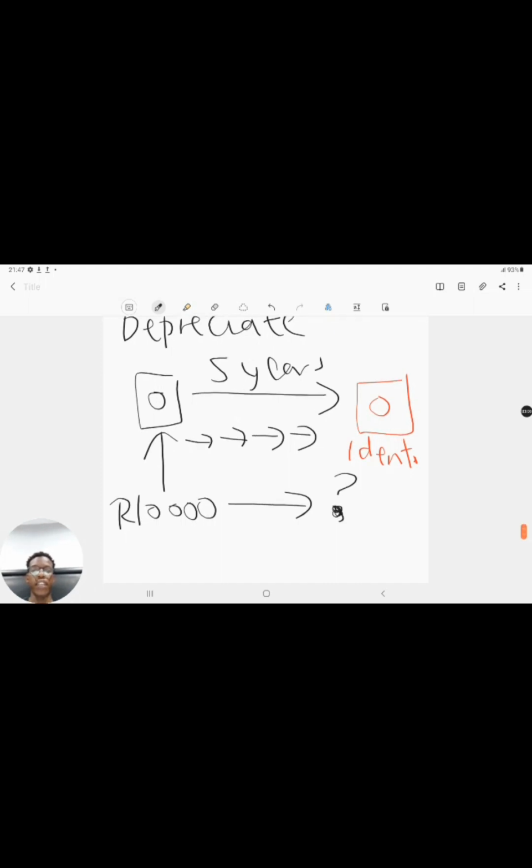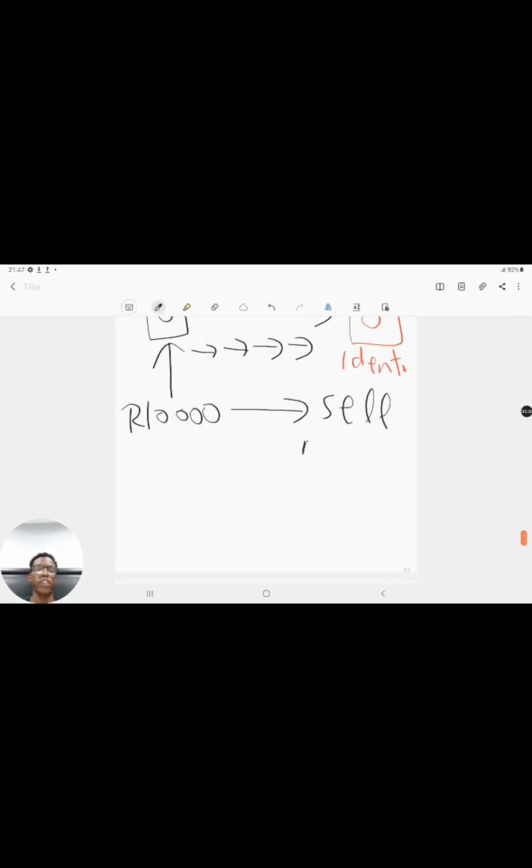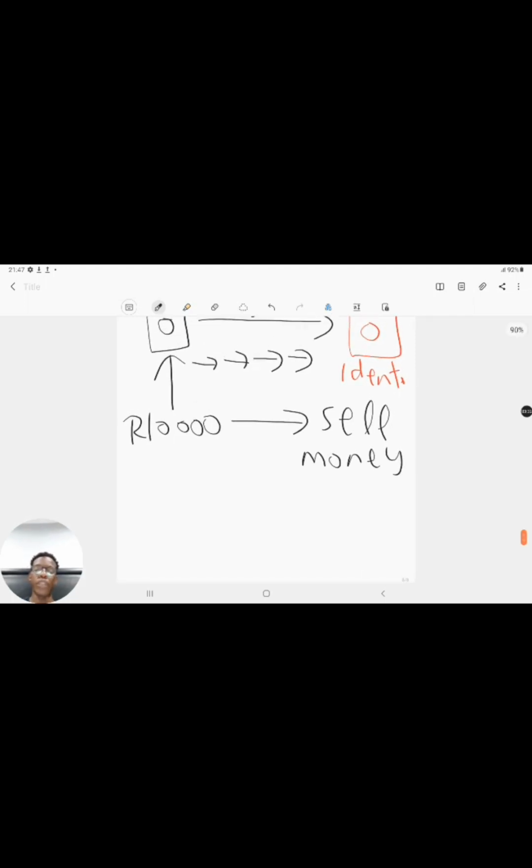So let's say after 5 years, you sell the black machine. It costs 10,000 rands today, but after 5 years, when you sell it, you'll get some money for it. The money that you get for the black machine will be less than the 10,000 rands because it loses its value. It's like buying a shoe.